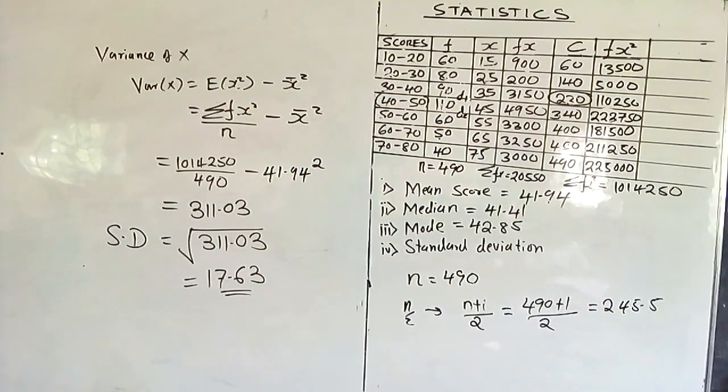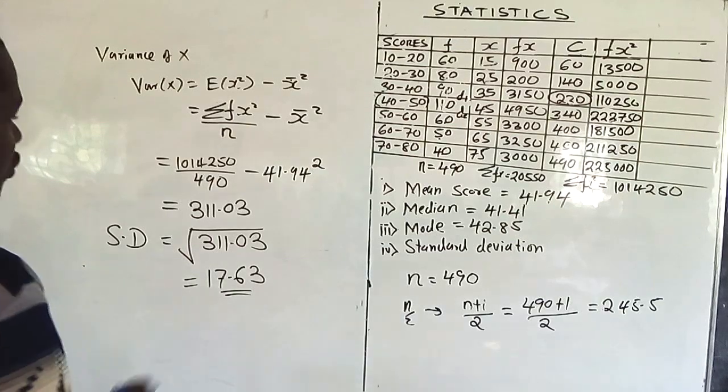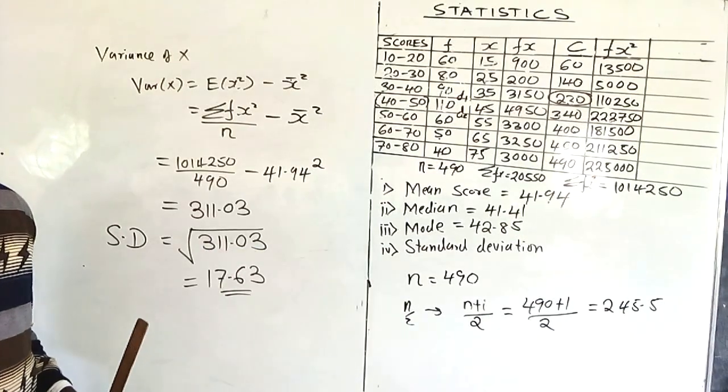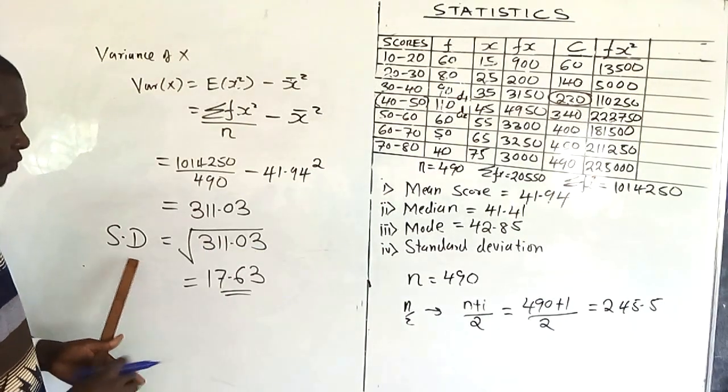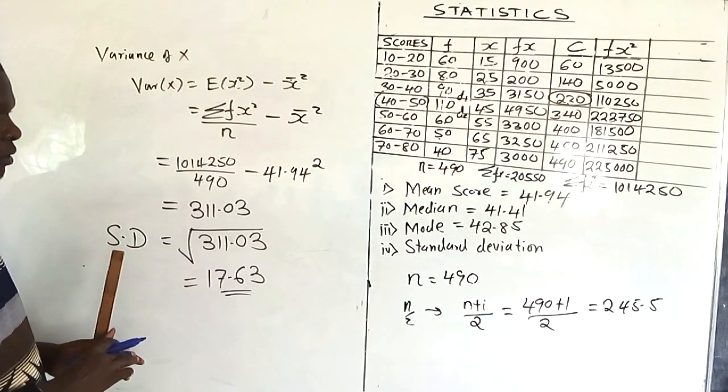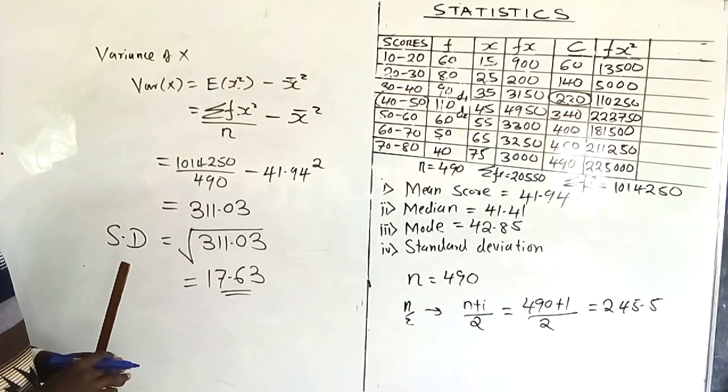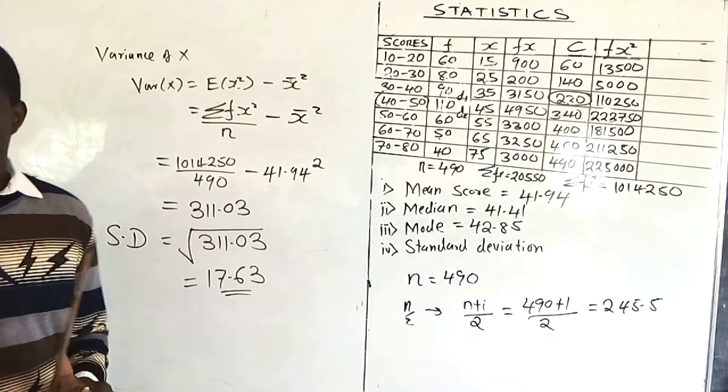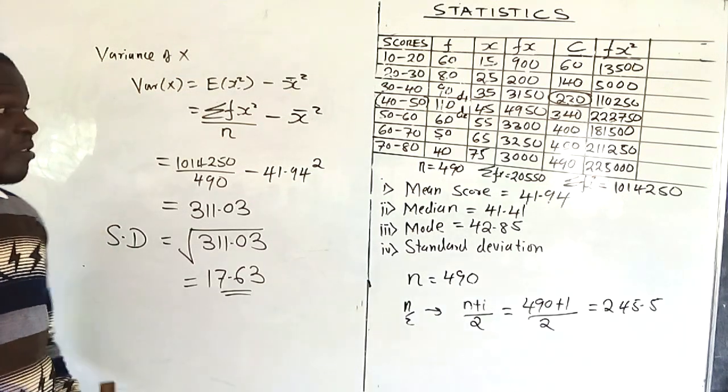Let us see another case. It is different. The square root of 311.03. Those are the same because those are approximated values.